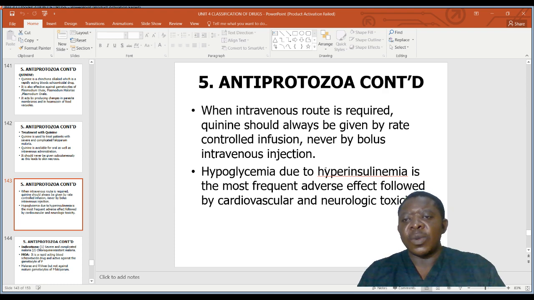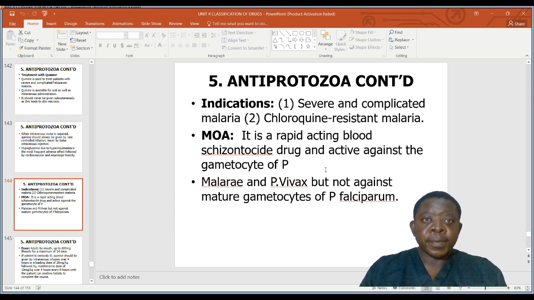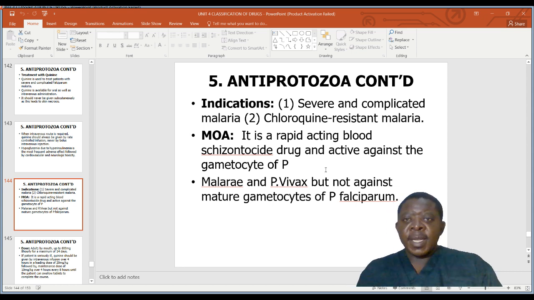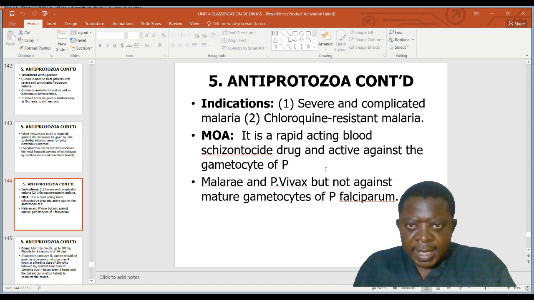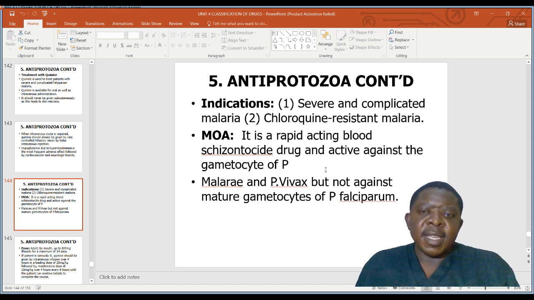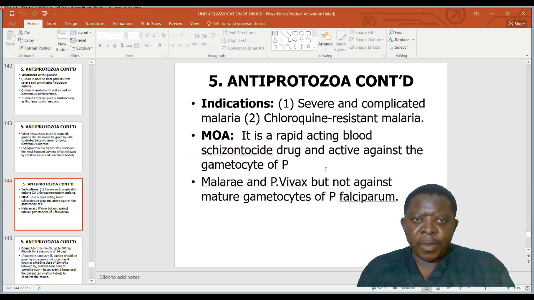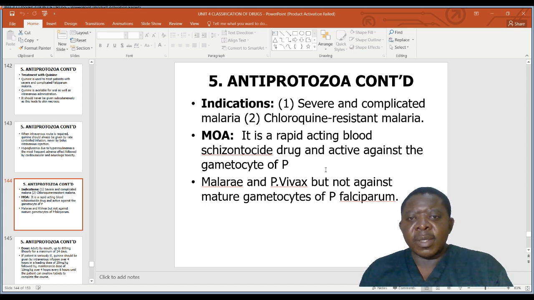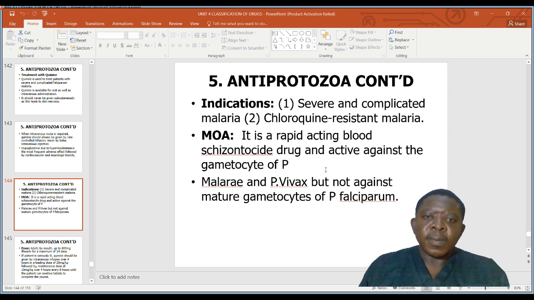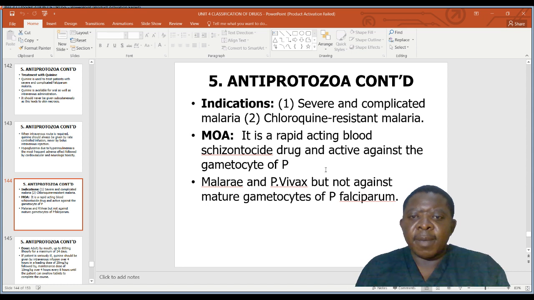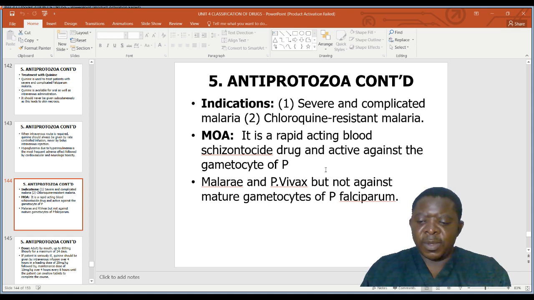cardiovascular and neurologic toxicity. Indication of quinine: severe and complicated malaria, or it can be given in chloroquine-resistant malaria. Mode of action: it is a rapid-acting blood schizonticidal drug and active against the gametocytes of Plasmodium malariae and Plasmodium vivax, but not against the mature gametocytes of Plasmodium falciparum.